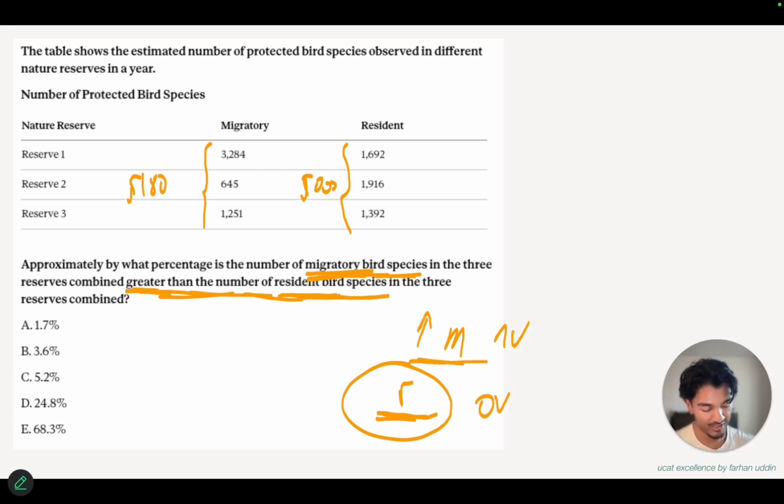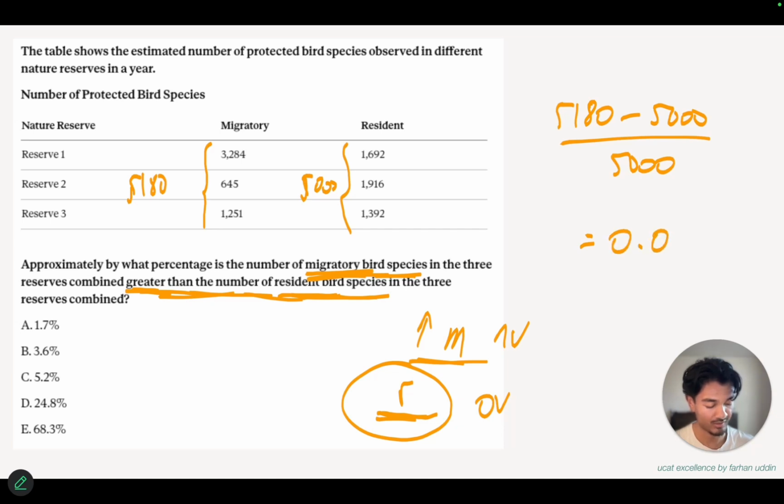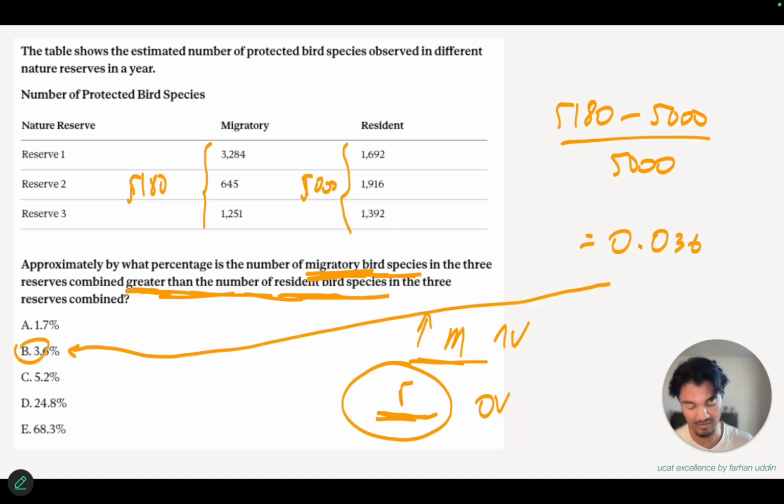So we end up getting 5,180 minus 5,000 divided by 5,000, which gives you our perfect answer of 0.036. That is our answer of B. Now, by the way, in case you have trouble interpreting whatever's in this calculator, you can just multiply it by 100 to give you the percentage answer. So you multiply this by 100, you end up getting 3.6 in the calculator, which is exactly what you see in front of you.